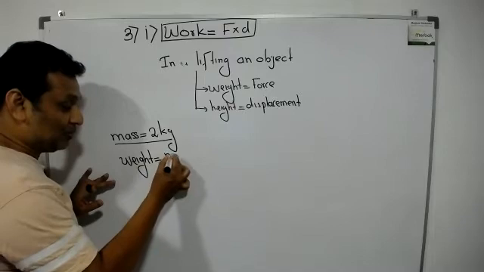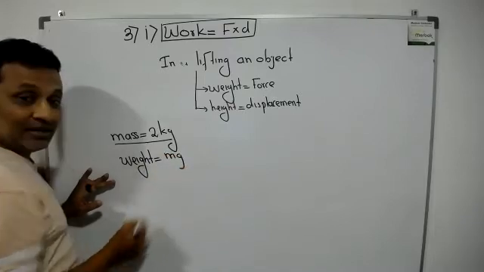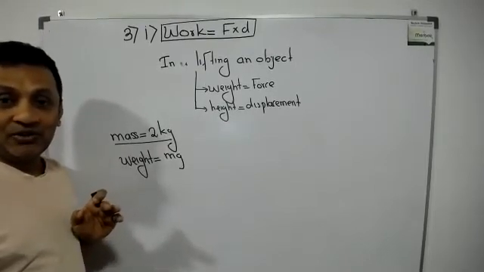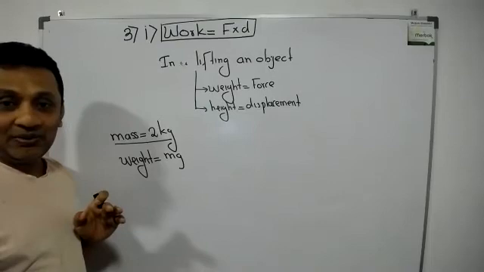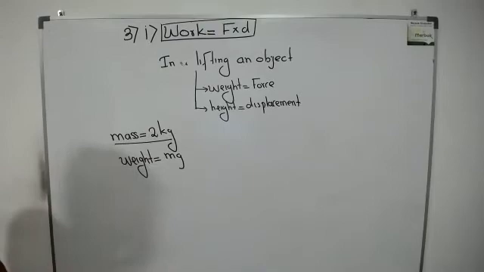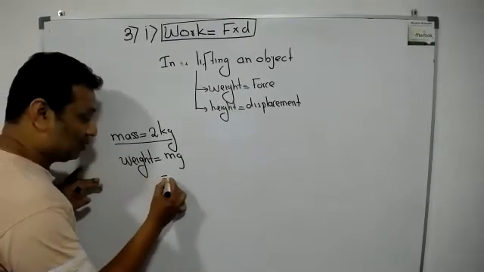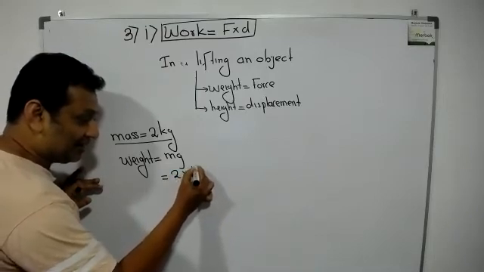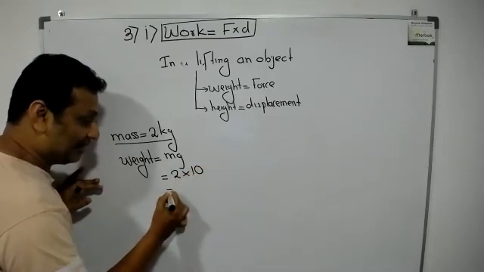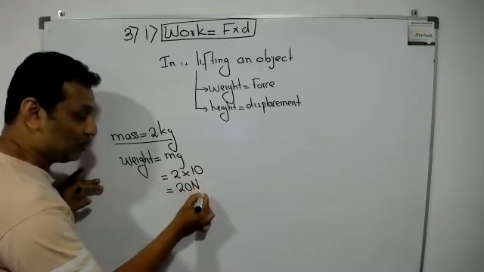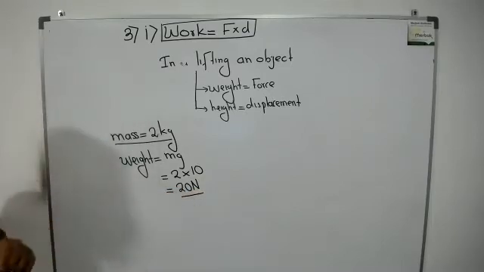Weight equals to mass into gravitational acceleration. Mass is 2 kilogram, gravitational acceleration is 10. So, weight is equal to 20 Newton.